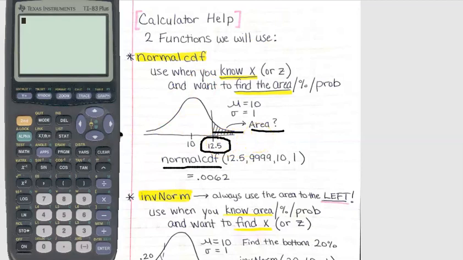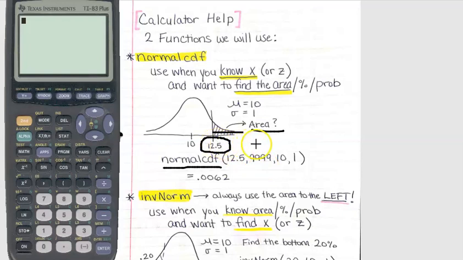Because our calculator doesn't have an infinity button, we're just going to estimate what infinity is, which we can't really do, but we're just making a really big number. So we're going from 12.5 up to positive infinity. Our lower bound will be 12.5, and our upper bound will be infinity, which we're representing as 9999, so almost 10,000.